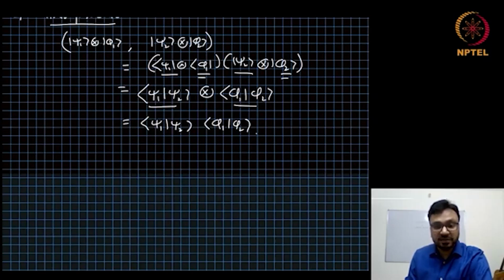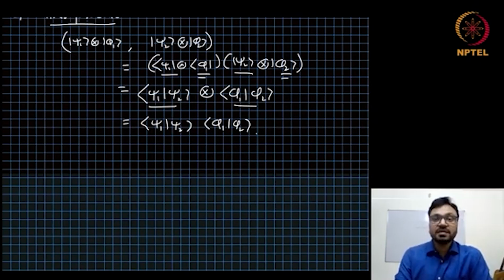This is the definition of inner product, and this can be understood in the following sense. If we have two states in subsystem A, psi1 and psi2, and states in subsystem B, phi1 and phi2, and they are not correlated in any sense, till now we have not talked about correlations, then they don't feel the existence of the other system.